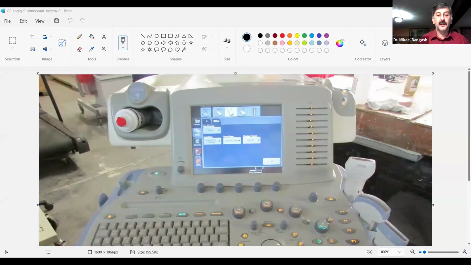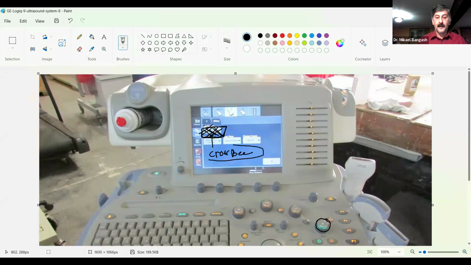Now, guys, can you see this picture here? Mainly, when your B-mode is on, on that screen right here, you will see something that says cross beam.